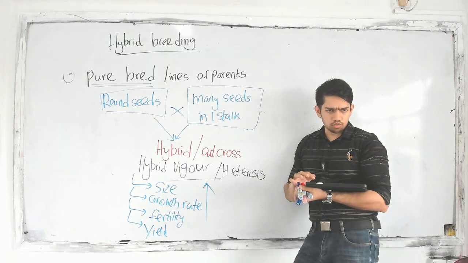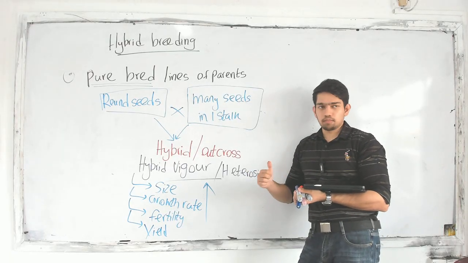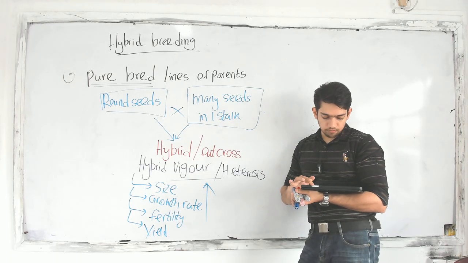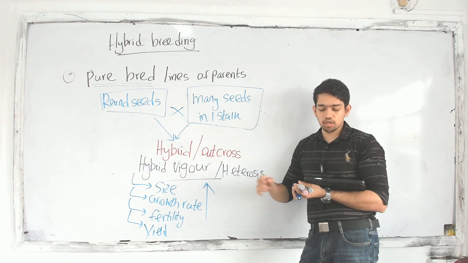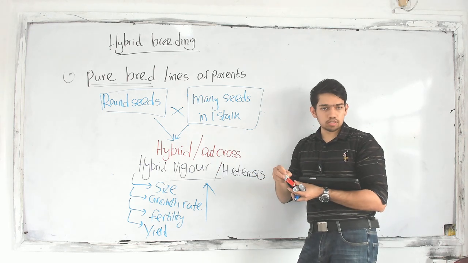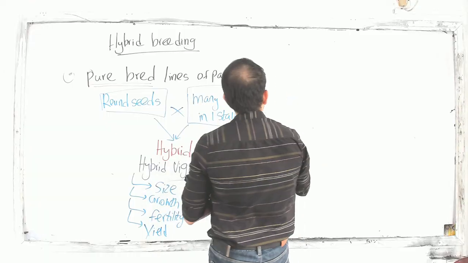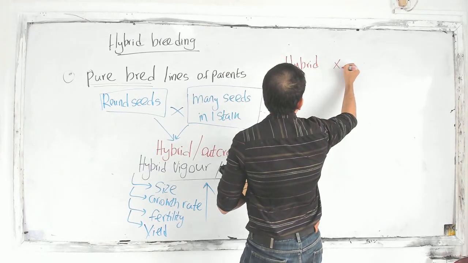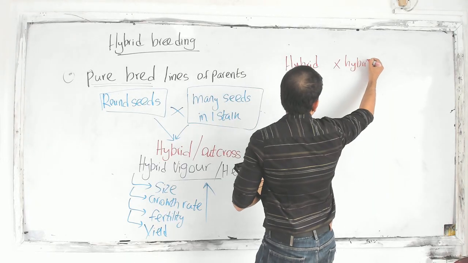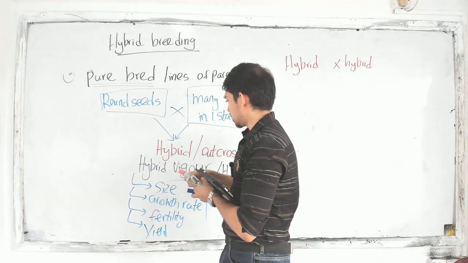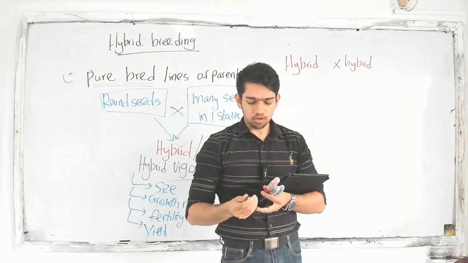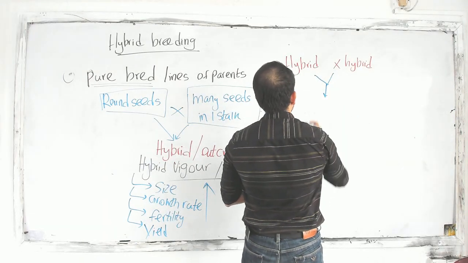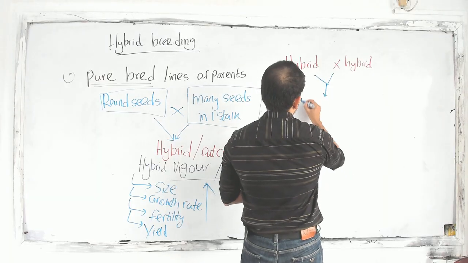So you will think this is very good, no? Right? It's very good actually. But there's a problem. What would happen is, if you allow these hybrids and hybrids to cross mate, that is going to cause a reduction in the hybrid vigor. Hybrid vigor is going to decrease, right? Decreased hybrid vigor.